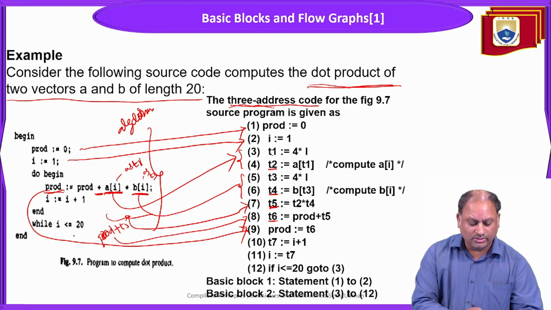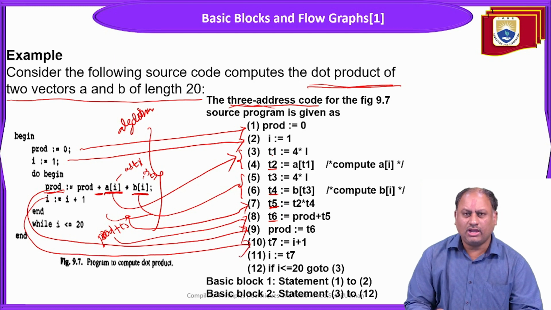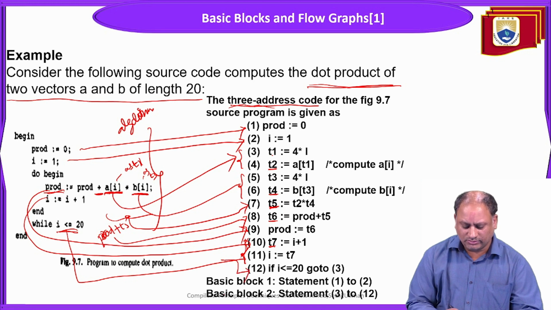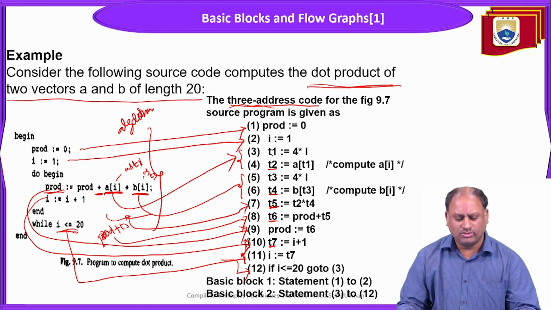After getting this result, we have to give an increment operation, that is T7 equal to I plus 1. That increment I plus 1 result is stored in T7 and assigned to I equal to T7. So these two steps are implemented in three-address code notation for the step I equal to I plus 1. Now the final while condition: while I less than or equal to 20, this is processed with if I less than or equal to 20, go to 3.